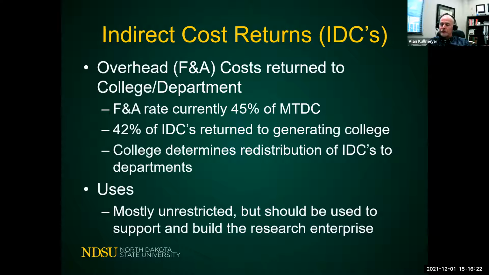They have the authority to spend those funds as best they see fit, so they don't necessarily need my okay. They can use those funds as they want. That's a bit of a reward or incentive for faculty to go out and generate research funds, because they're going to get some of that money back on the back end to spend as they need.